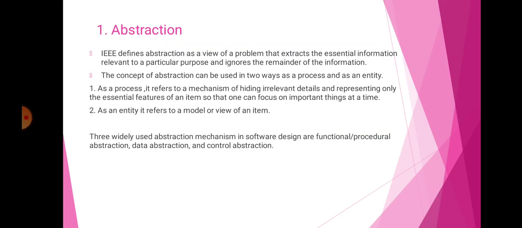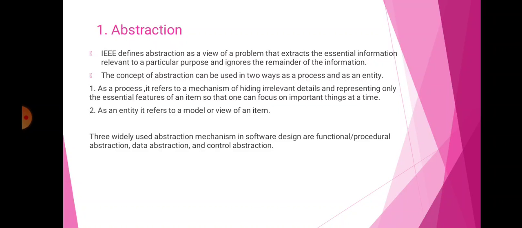As a process, it refers to a mechanism of hiding irrelevant details and representing only the essential features of an item, so that one can focus on the important things at a time. And as an entity, it refers to a model or view of an item.